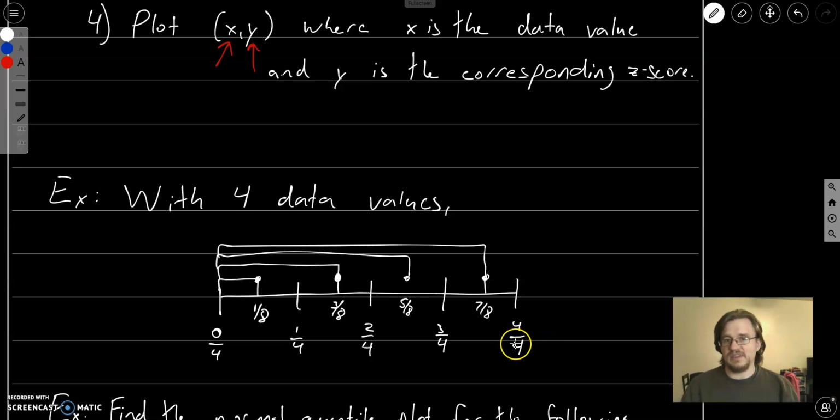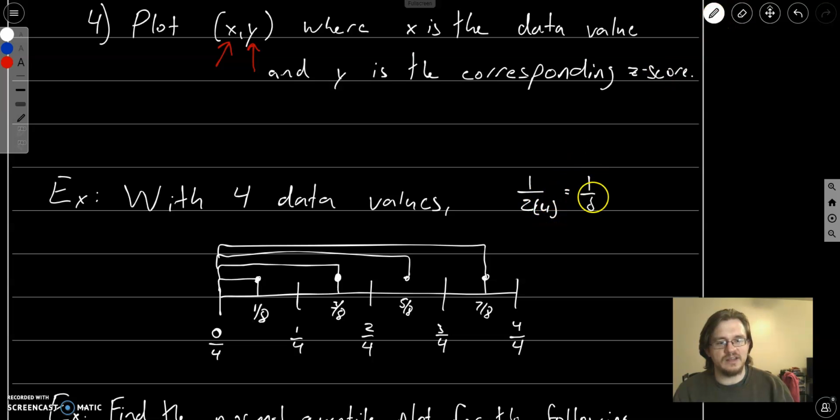And this is not something that you have to draw a picture of every time. We can find these pretty easily. With 4 data values, we want 1 over 2 times 4, which is going to be 1/8. We want 3 over 2 times 4, which is 3/8. 5 over 2 times 4, which is 5/8.